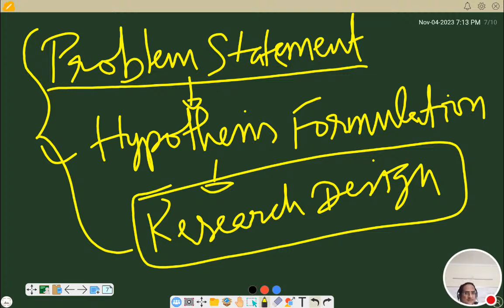syllabus. The first thing which we have to study is the problem statement, then the hypothesis formulation, then research design.